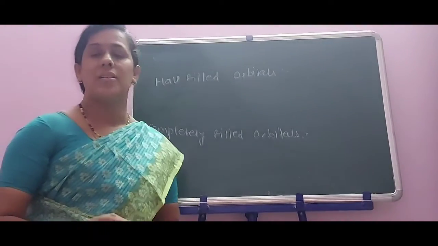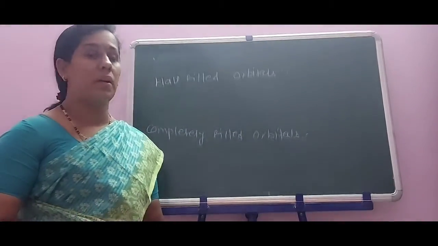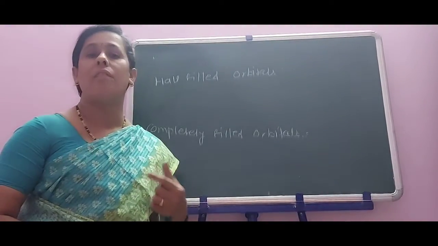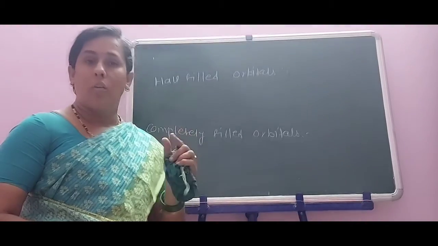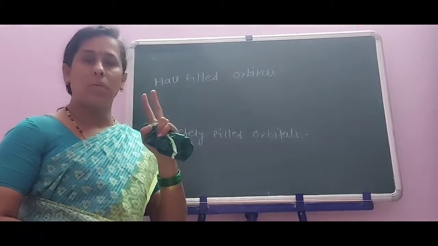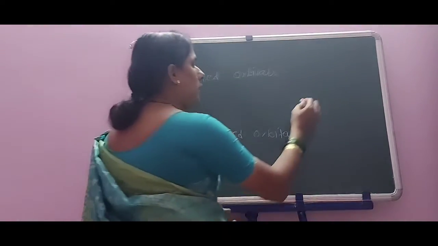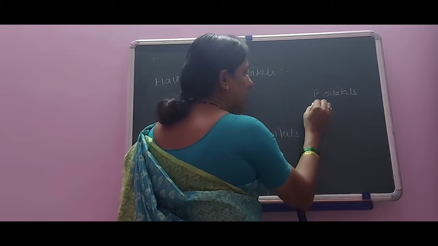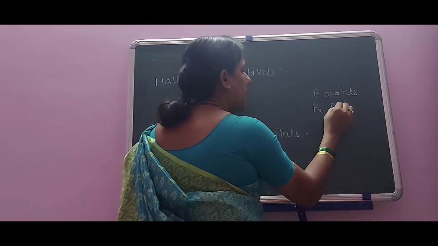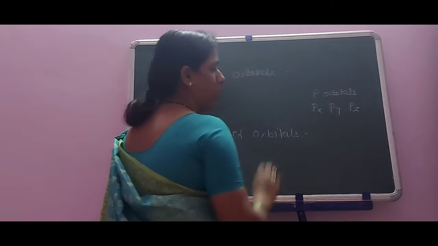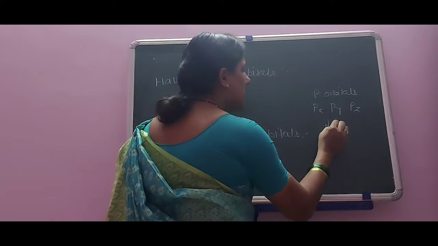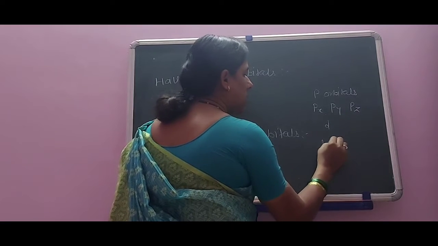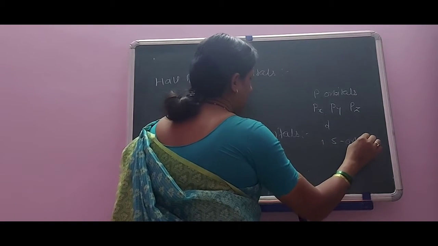We know that degenerate d orbitals or p orbitals each orbital can take a maximum of 2 electrons. In p orbitals, how many suborbitals are here? Px, Py and Pz. In d orbitals, how many suborbitals are here? 5 d orbitals are there.